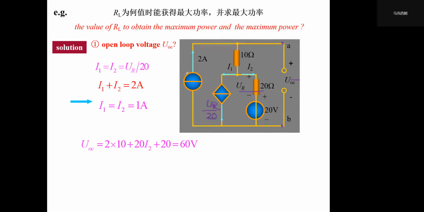So we can easily calculate the corresponding open circuit voltage UOC. Then we should calculate the equivalent resistance, right?